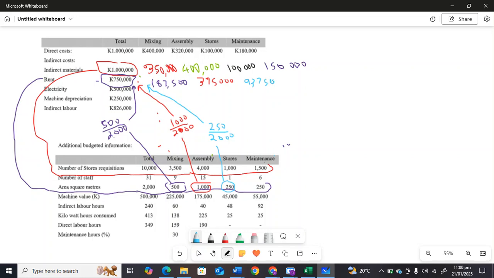Yes. Maintenance also is 250, so it's the same 0.125, so 93,750. Yes. Any questions, colleagues?